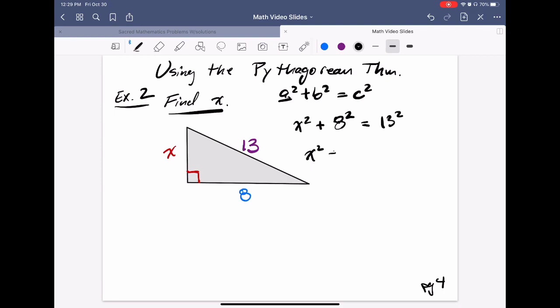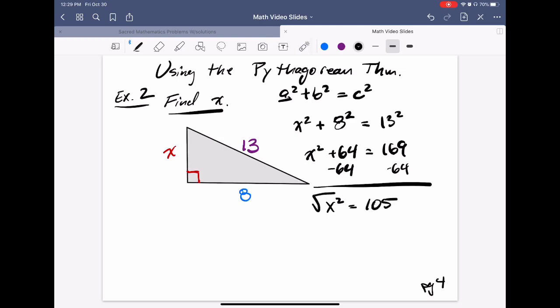Well, x squared plus 64, which is 8 squared, equals 169, which is 13 squared. I'm going to subtract 64 from each side. I get x squared equals 105. I take the square root of both sides. I get x equals the square root of 105. That's my final answer. So this side is the square root of 105.